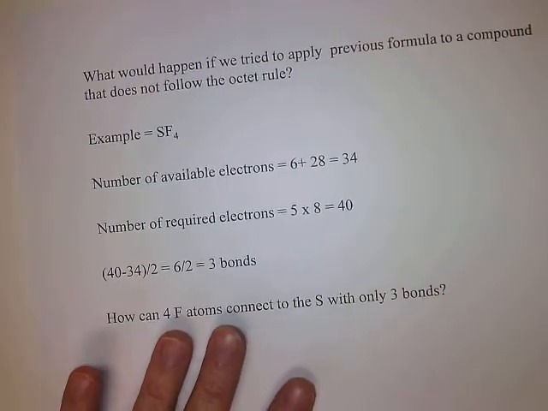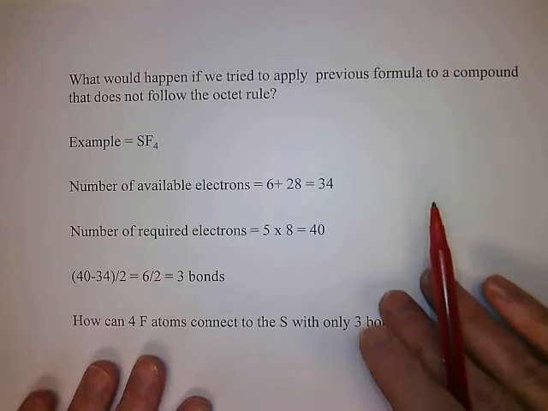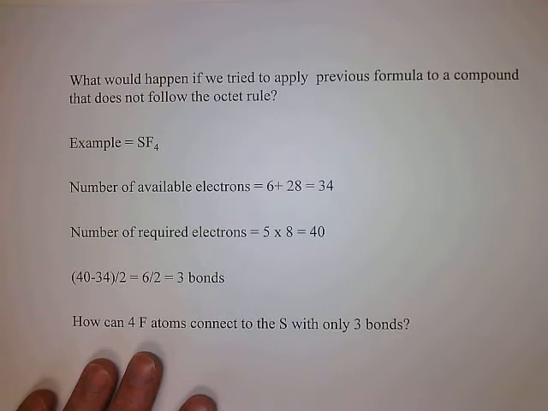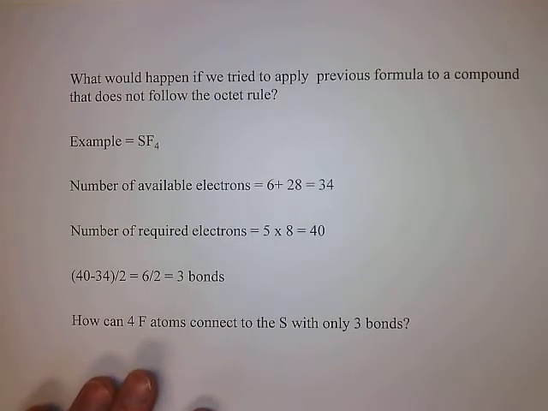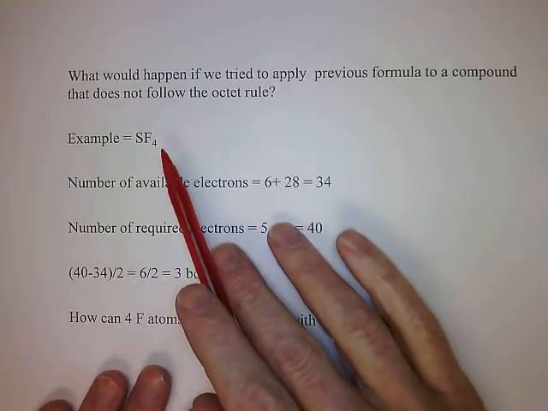So what about that formula that I gave you in the previous video where you figure out the number of bonds in a molecule? What would happen if we tried to apply that formula to a compound that does not follow the octet rule? So what about sulfur tetrafluoride?